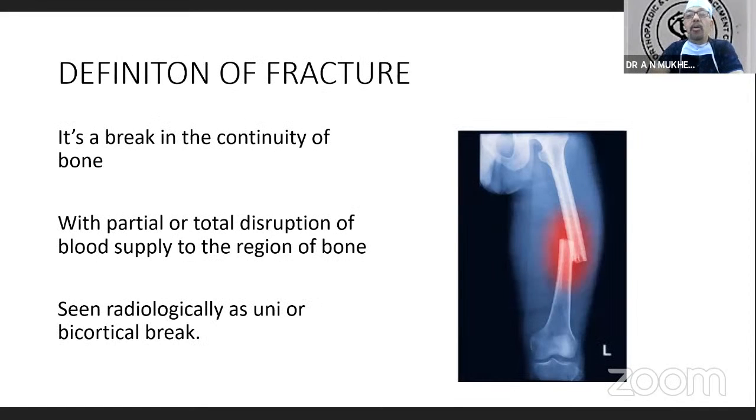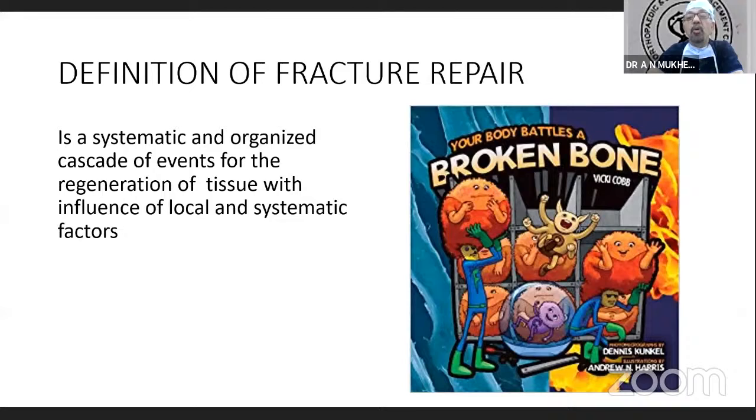As we all know, the definition of fracture is a break in the continuity of the bone. It's partial or total disruption, with disruption of the blood supply of the region of the bone. Seen radiologically, it may be unicortical or bicortical. Basically it's a systemic and organized cascade of events for regeneration of tissue, with influence of local and systemic factors.